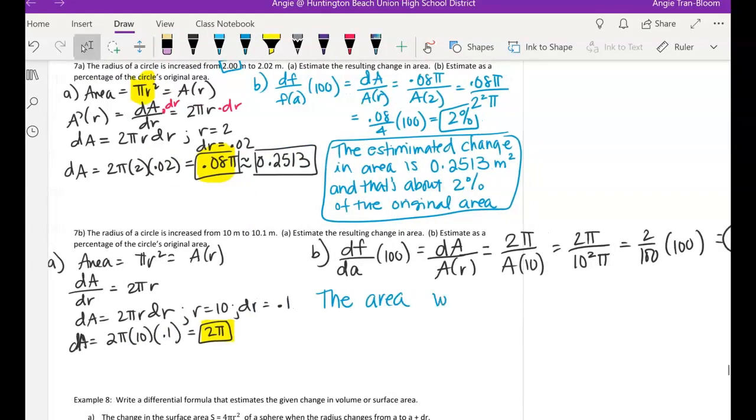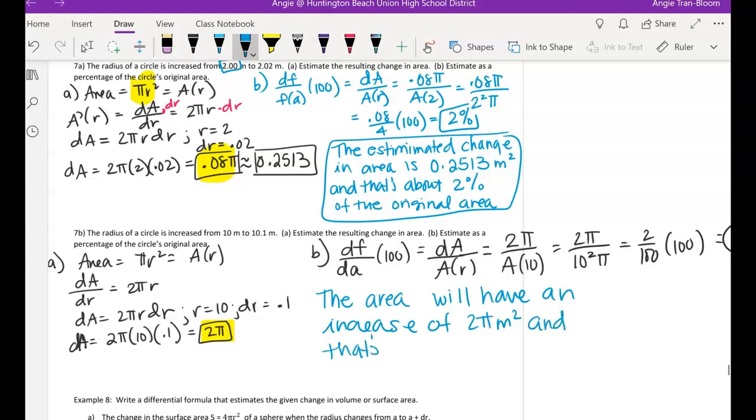So the area will have an increase of 2 pi meters squared, and that's about a 2% increase from the original circle's area.